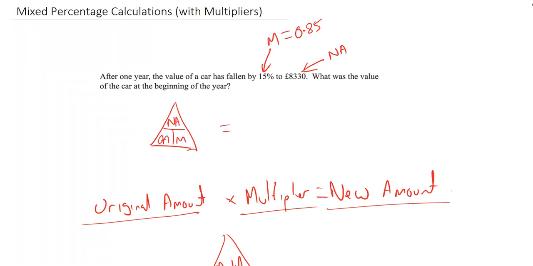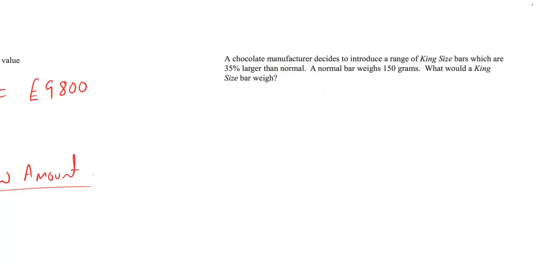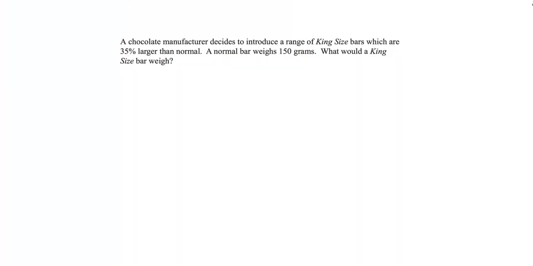I am going to do a division. My original amount is going to be the new amount, 8,330, divided by 0.85. Okay, so let's do that on the calculator. 8,330 divided by 0.85, and that is going to be 9,800.